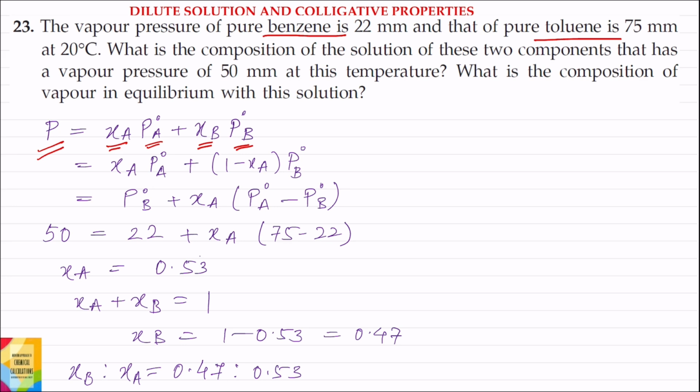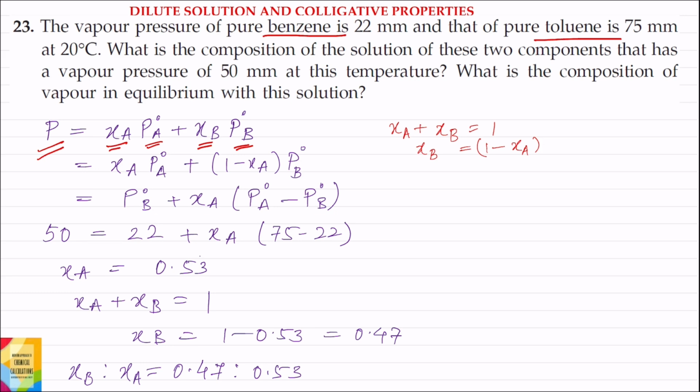P naught A is the vapor pressure of pure toluene and P naught B is the vapor pressure of pure benzene. Now mole fraction of toluene plus mole fraction of benzene is equal to 1. Therefore, mole fraction of benzene can be written as 1 minus mole fraction of toluene.